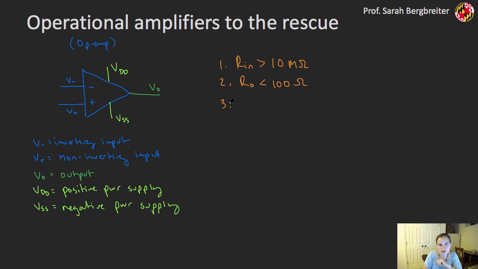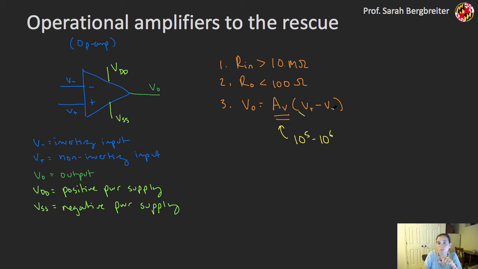Right, really the defining feature for what the op-amp is actually doing, right? So the output voltage is going to be defined by the difference between that non-inverting and inverting input multiplied by some gain AV. And AV is typically very high. You're looking at something like 100,000, a million defining that gain.